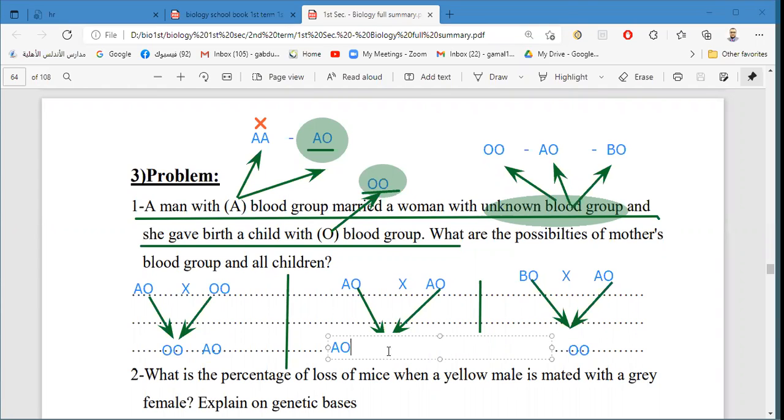Three possibilities here. And here we have OO, BB, BA or you can say AB, and we have BO, and you have also OO, and finally AO. This is all the possibilities of the children of this marriage.